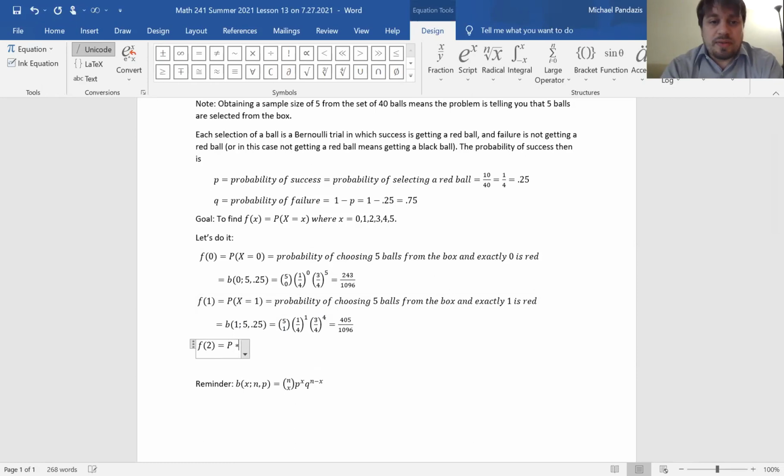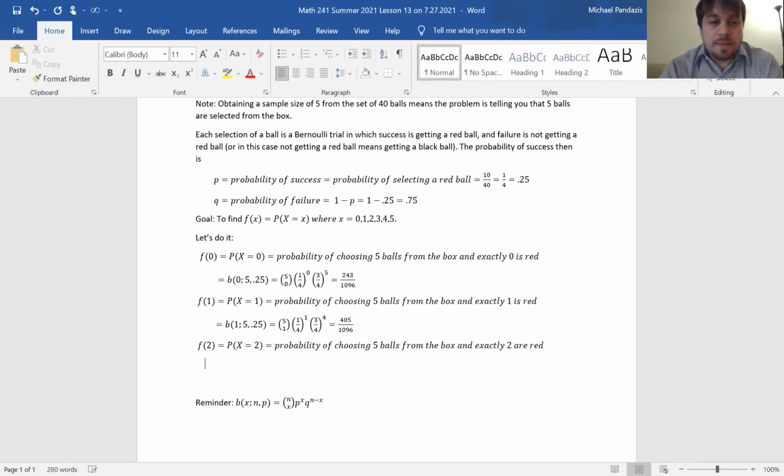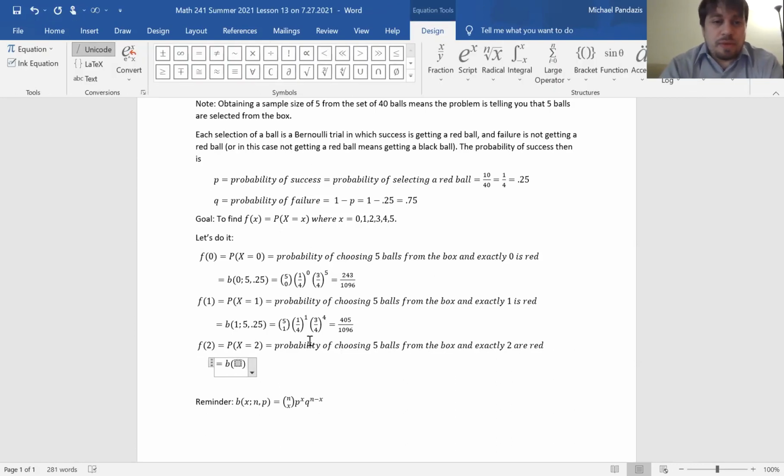This is the probability of x equaling 2, and this is equal to the probability of choosing 5 balls from the box, and exactly 2 are red. So this is equal to the binomial probability function b of 2 colon 5 comma 0.25. 2 successes, 2 are red, right?